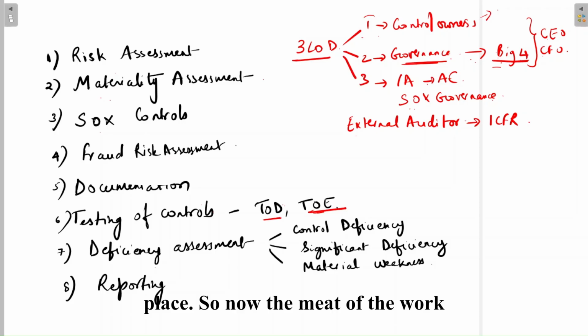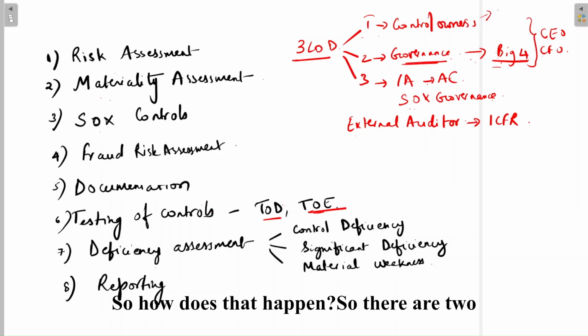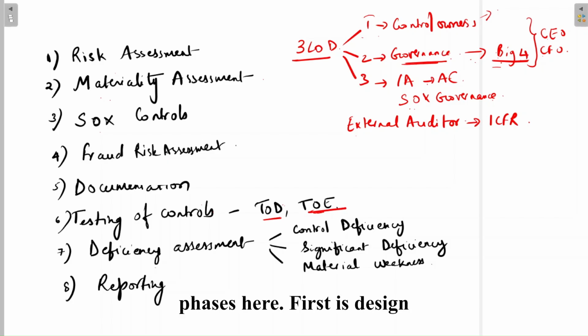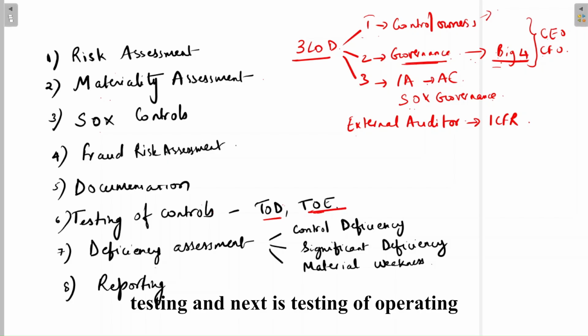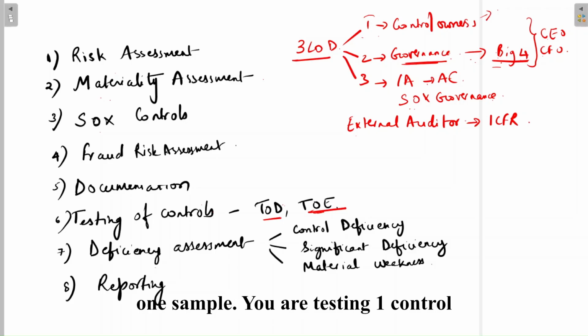Now the meat of the work is in terms of testing of controls. How does that happen? There are two phases here. First is design testing and next is testing of operating effectiveness. When you do a test of design, you're basically testing only one sample. You're testing one control sample from the start to the end.